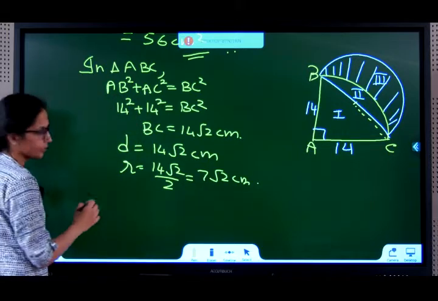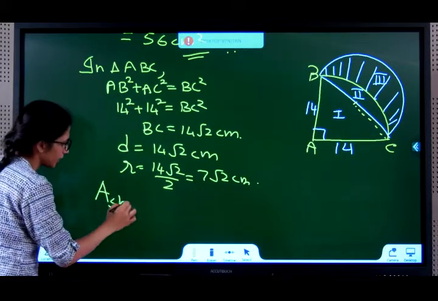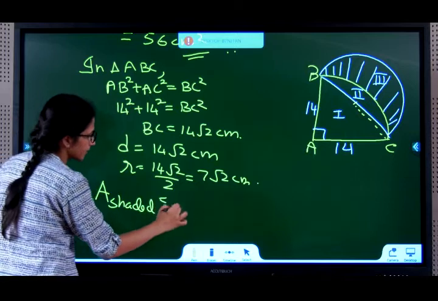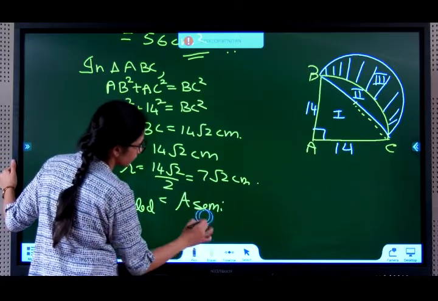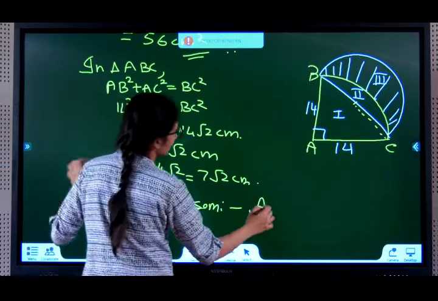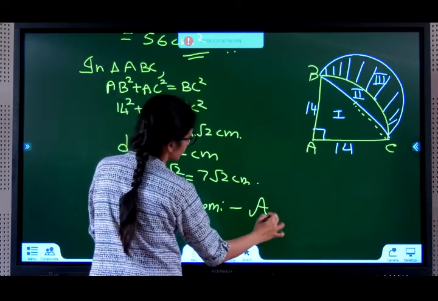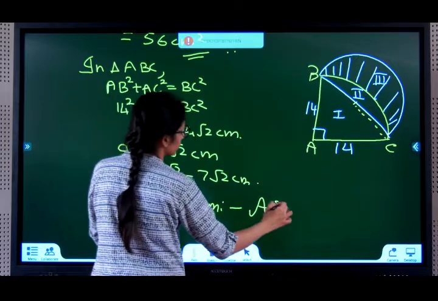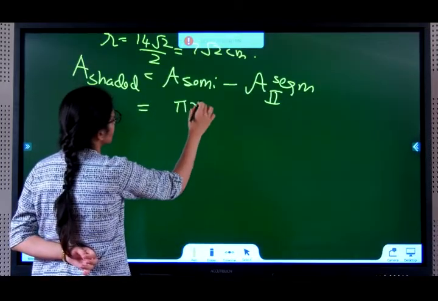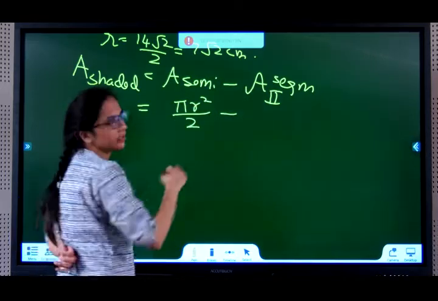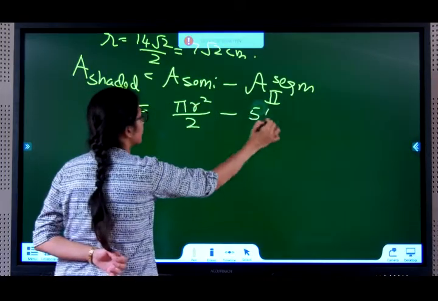Now you can therefore say area of shaded region is equal to area of semicircle minus area of the second part, segment 2. Area of semicircle formula pi r square by 2. Area of segment we already found out 56.